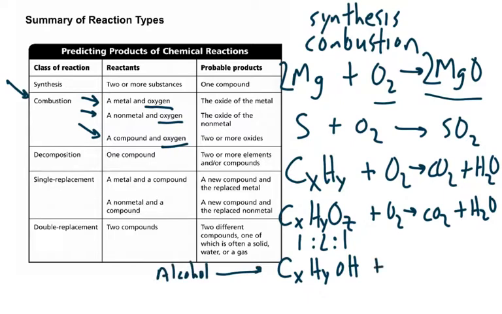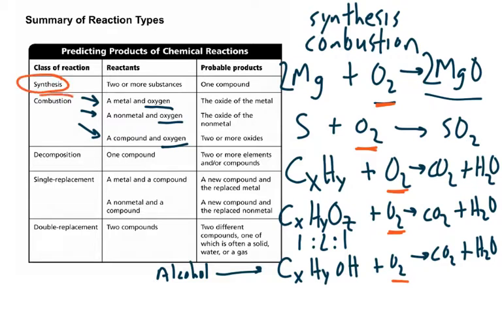And same concept, you're burning it in the presence of oxygen and you're making CO2 and water. Notice what all combustions have in common. They all have oxygen as a reactant, and that's a key.